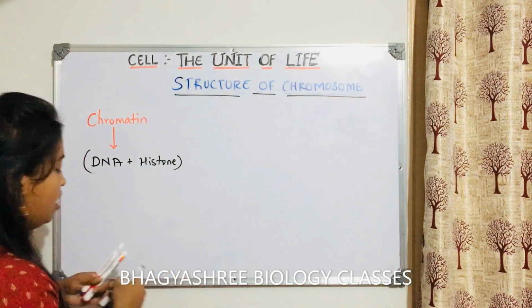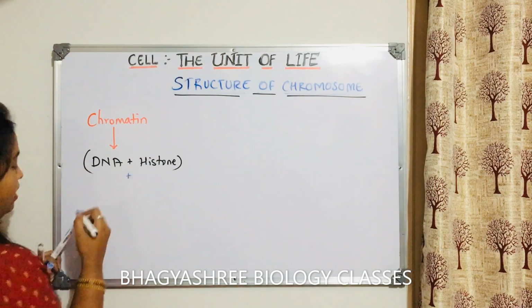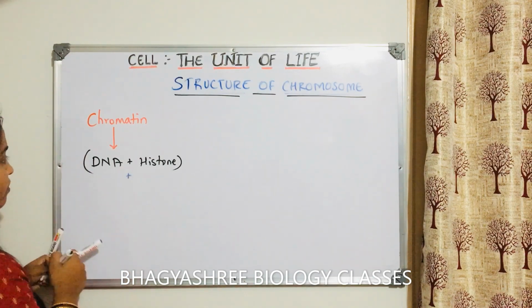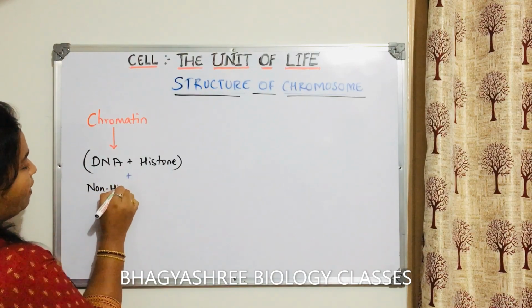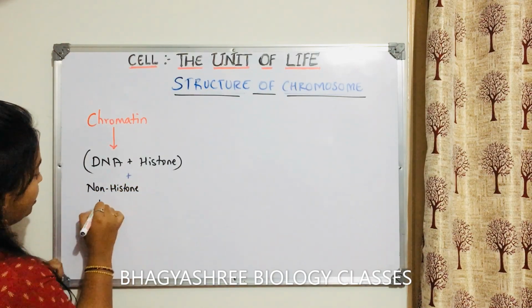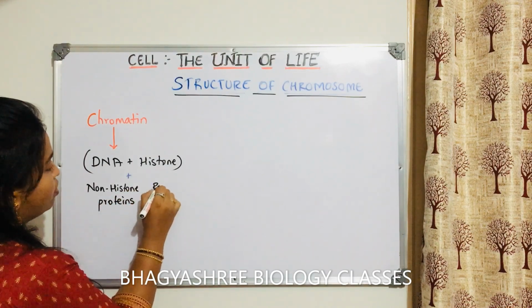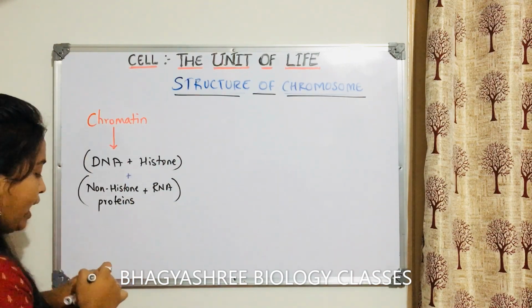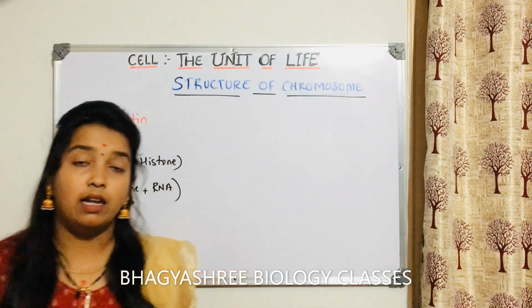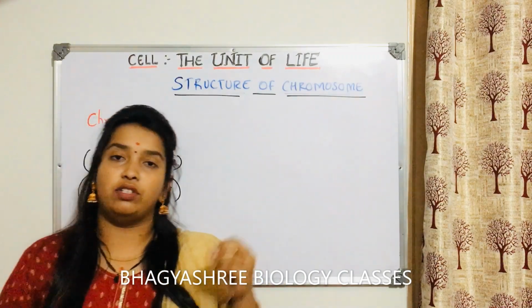Just remember that it also has some non-histone proteins, and it may also have some RNA material here. Okay, so this is about chromatin, but we give more importance to DNA and histone, which is required for coiling of DNA.